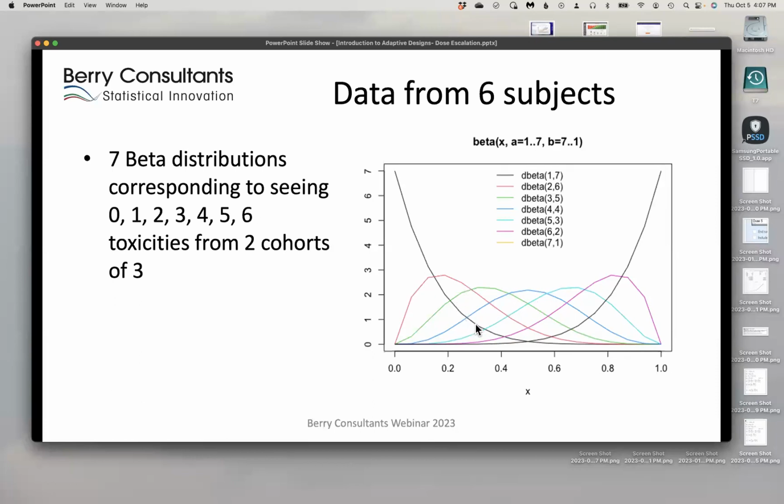So no toxicities, 1 toxicity, 2 toxicities, 3 toxicities, all give us still a good probability that our toxicity is in the target band, but of course no guarantee that it is. And really, it's only with 5 or 6 toxicities that we're really sure that we're above the band. And there is no result that makes us sure that we're below the band.